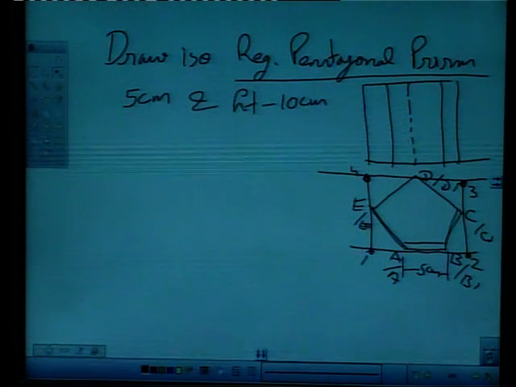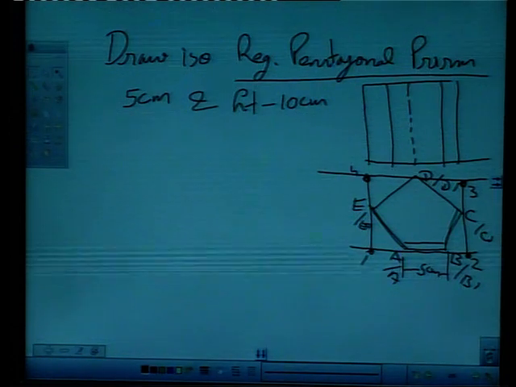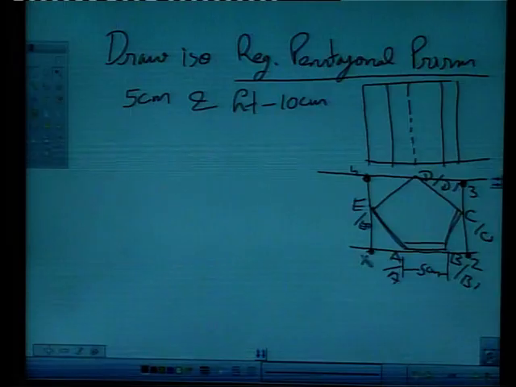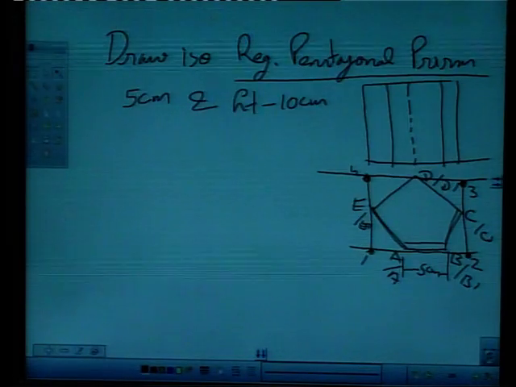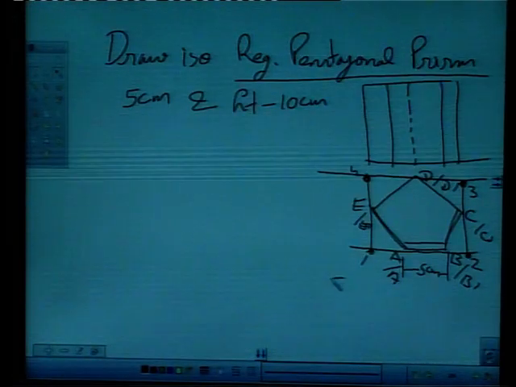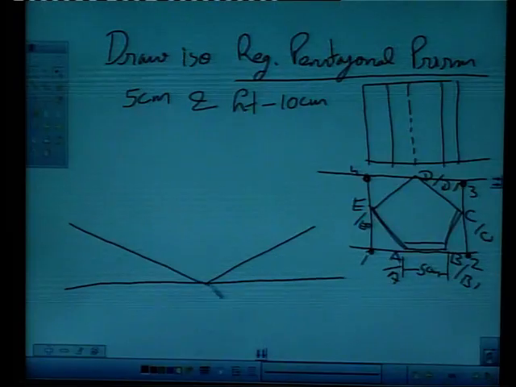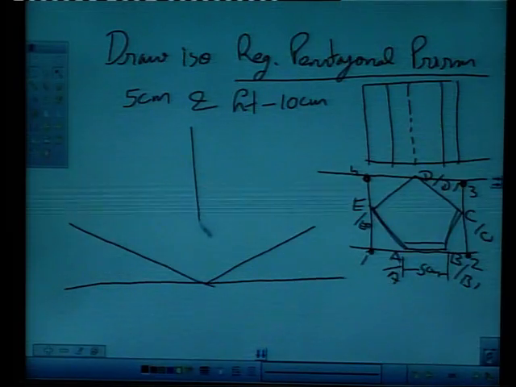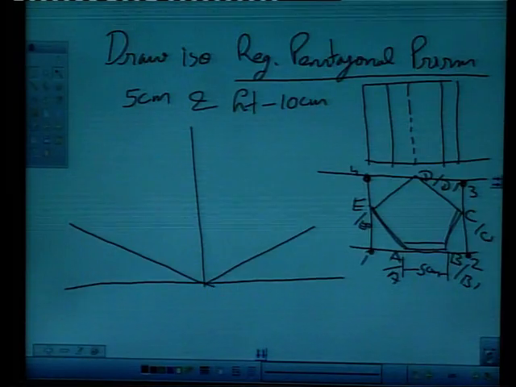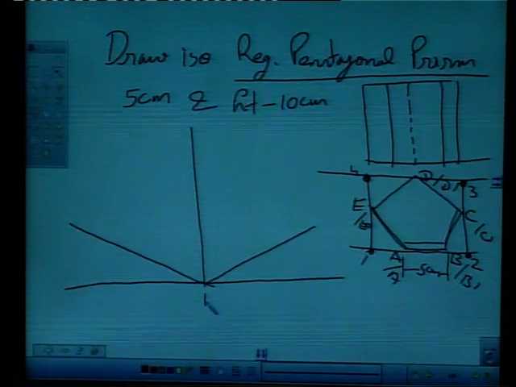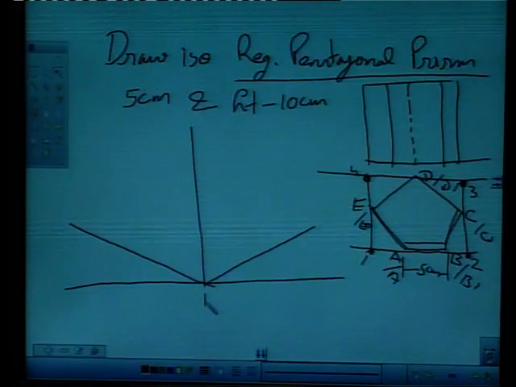What we will do, first of all we will draw a box 1, 2, 3, 4 and 10 centimeter height like this. I will quickly draw all this, right? These are basic steps. Say this is point 1 and we will measure this from 1 to 2, right?